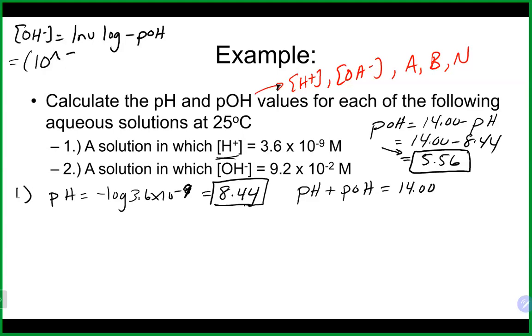You hit the negative button, and then you put in there 5.56, close some parentheses perhaps. If you do that, negative 5.56 is going to give me a value of, we'll call it 2.8 times 10 to the minus 6 molar in this case. Any questions on that there?